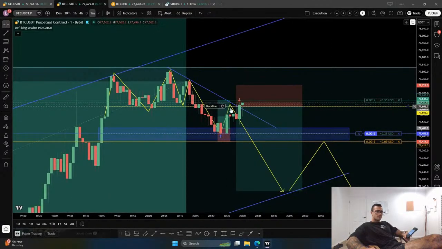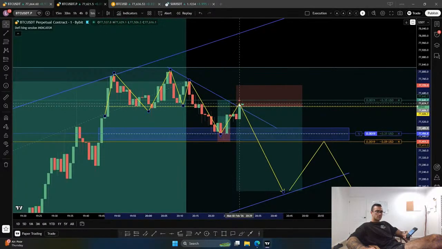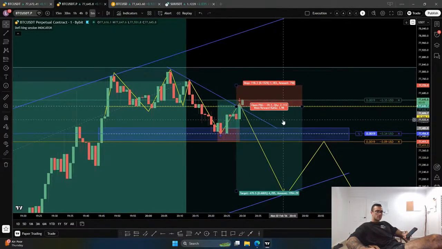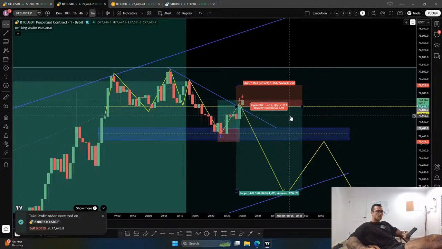Yep. So we've tested the neckline. And that one there, it tested right here. So this one is there. So now we're in on this one.